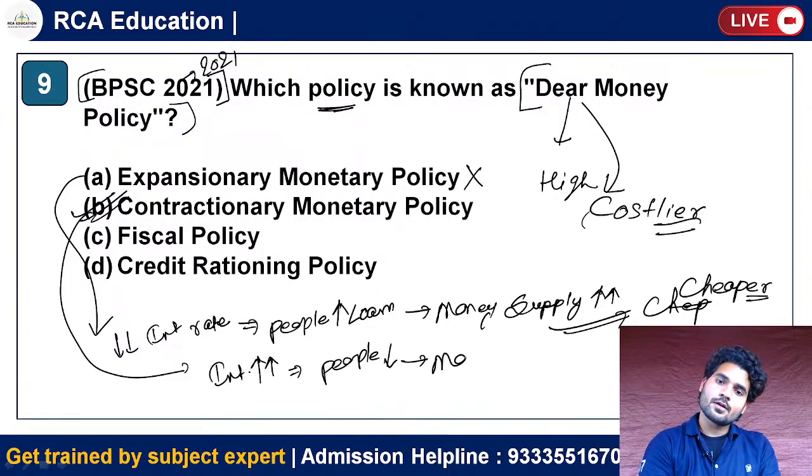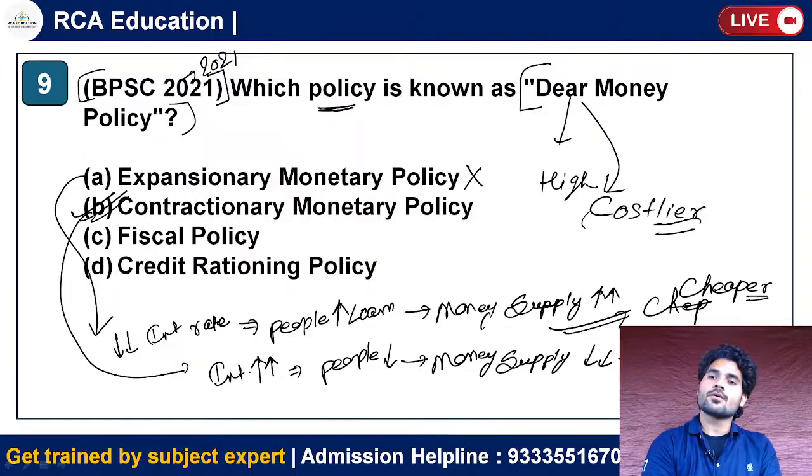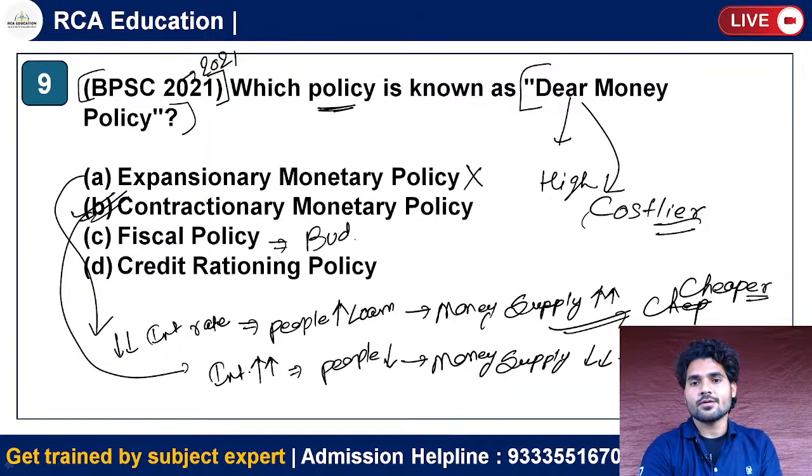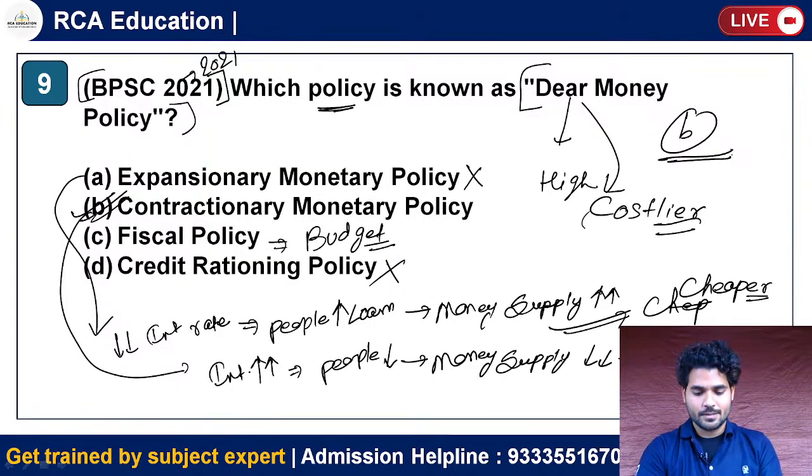So there is a decrease in money supply because loans become costlier. Got it? Fiscal policy is totally for the budget, so there is no relation of fiscal policy with monetary policy, and credit rationing policy is also not the correct answer. So the correct answer is option B.